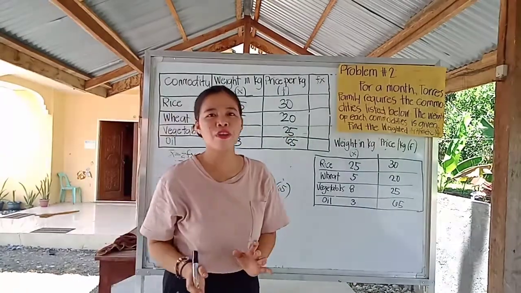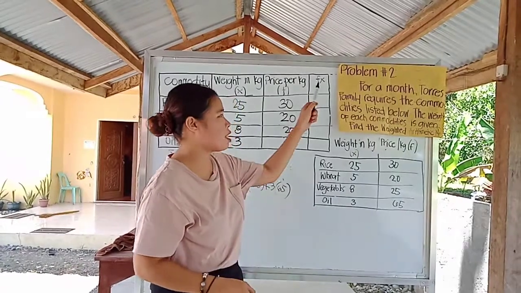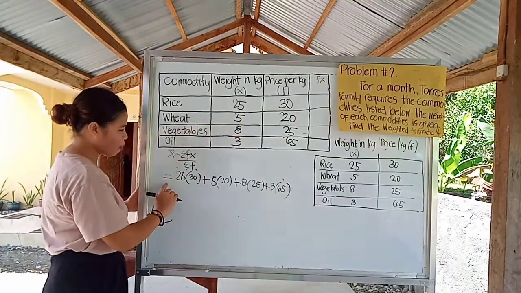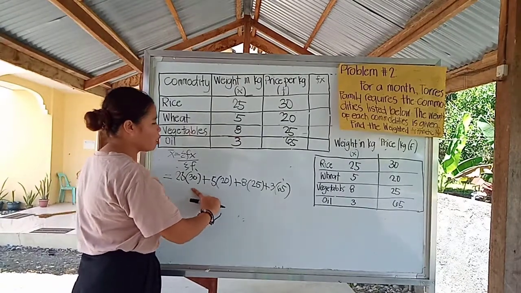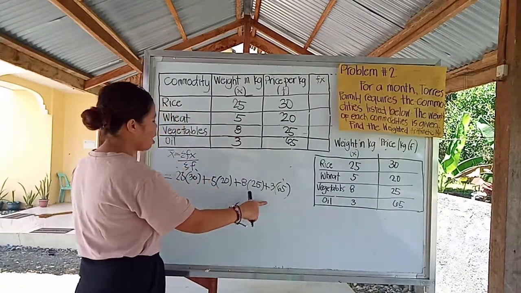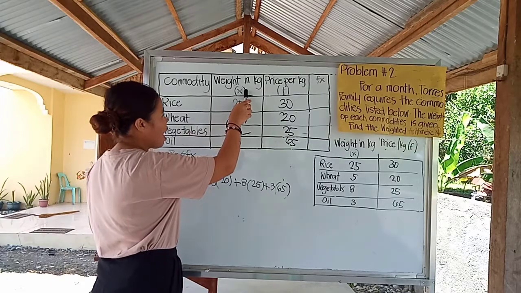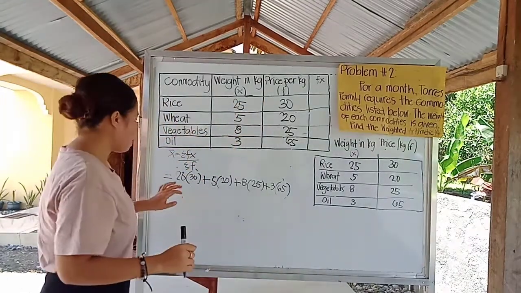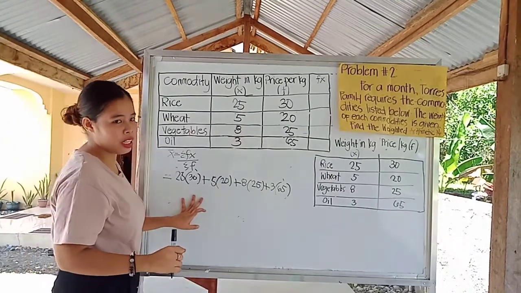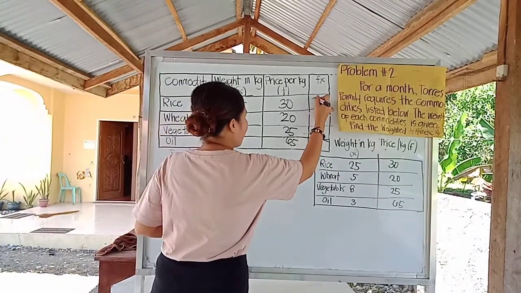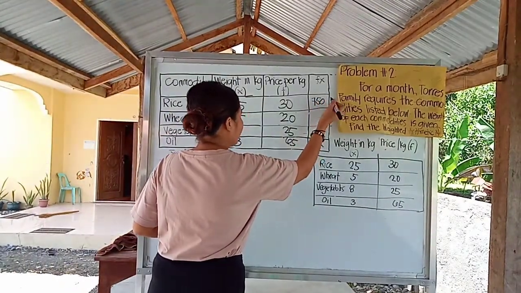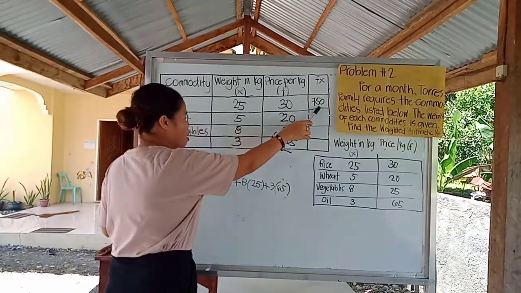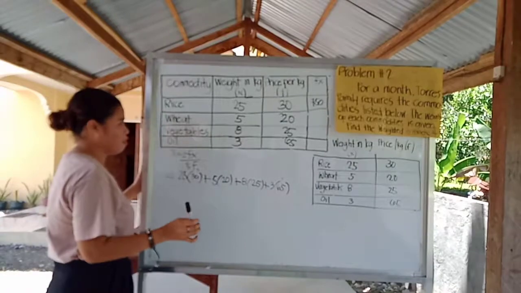Now, in order for us to know the Fx, or the sum of all products, we are going to multiply the weight and the price of each commodity. So 25 times 30 is equal to 750. So the Fx, or the product of rice, is 750.